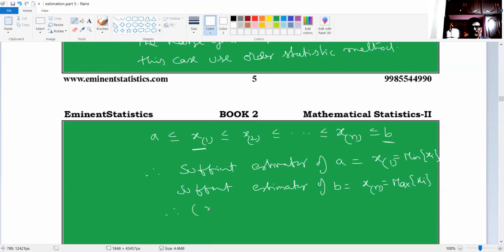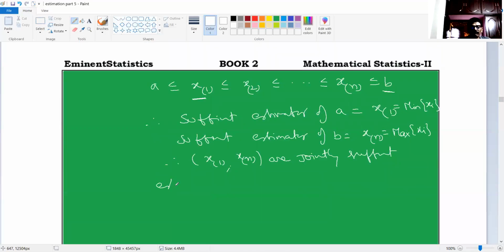Therefore, x1 order and xn order are jointly sufficient estimators for a and b. This is a very important technique.